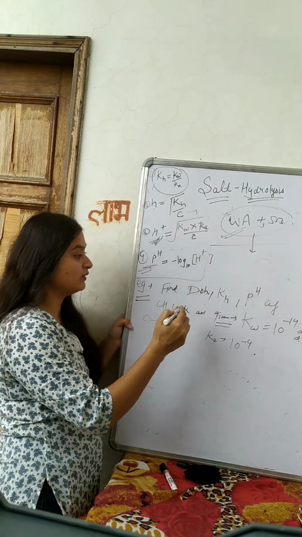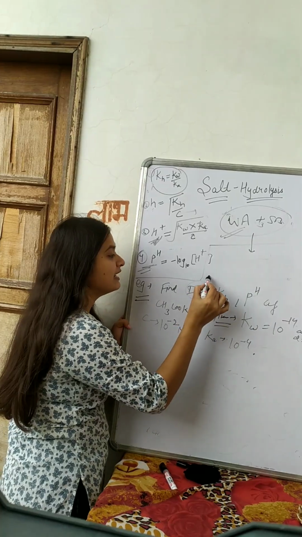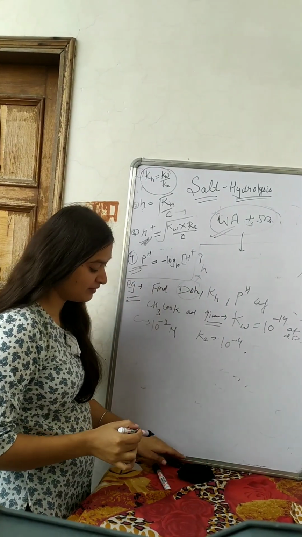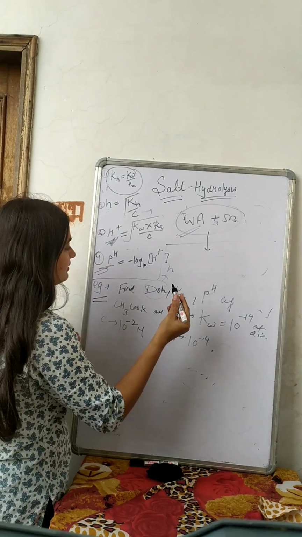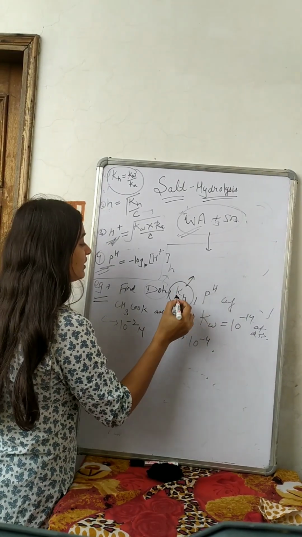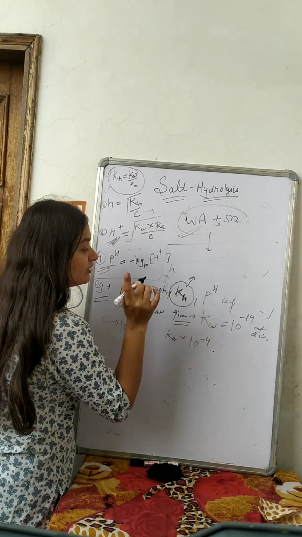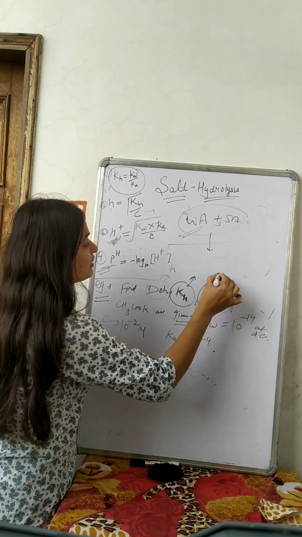So you have to calculate the degree of hydrolysis, that means h. h basically means how much amount of salt undergoes hydrolysis, and the KH hydrolysis constant of the salt, and to calculate the pH of this salt.